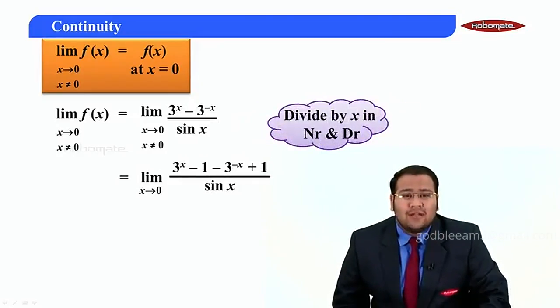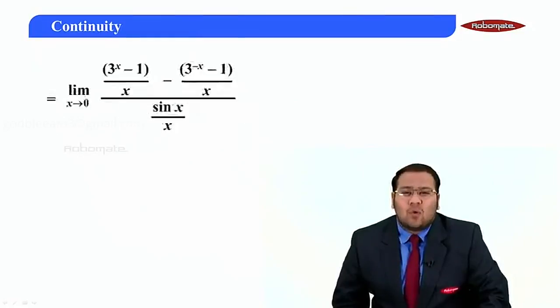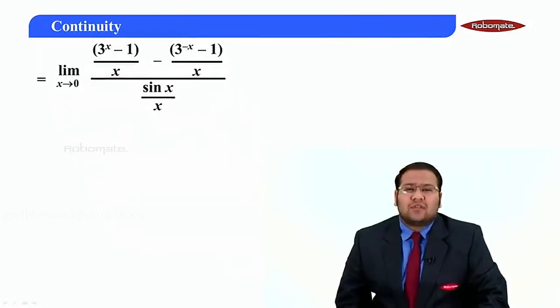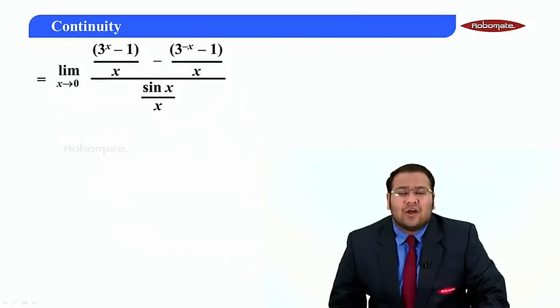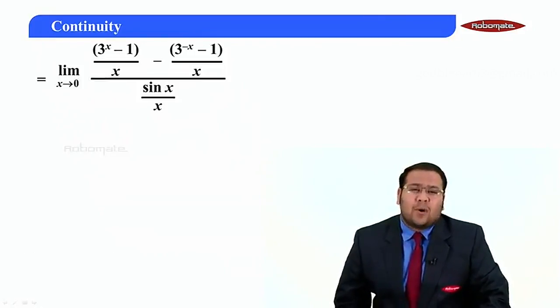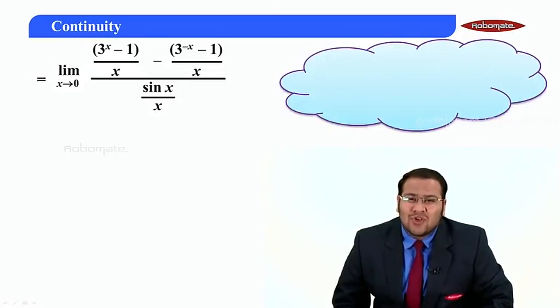Now divide by x in numerator as well as denominator. There is a wonderful change. You observe there is a 3 raised to x minus 1 upon x minus of 3 raised to minus x minus 1 upon x and this whole upon sin x by x.